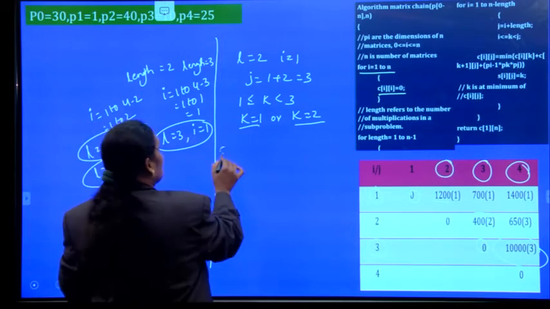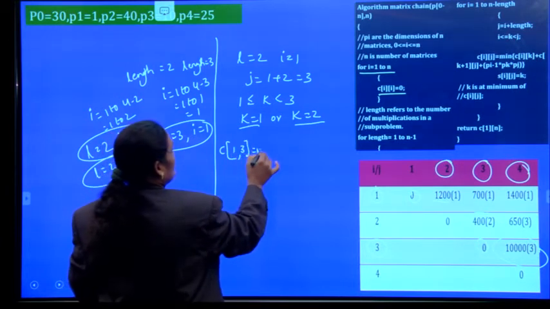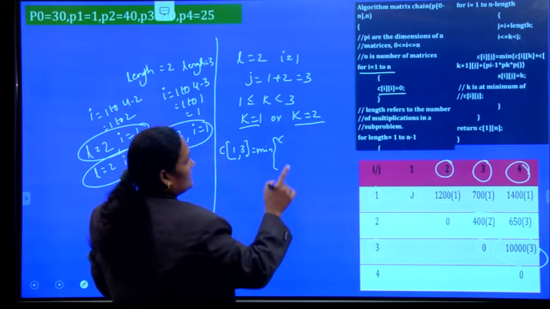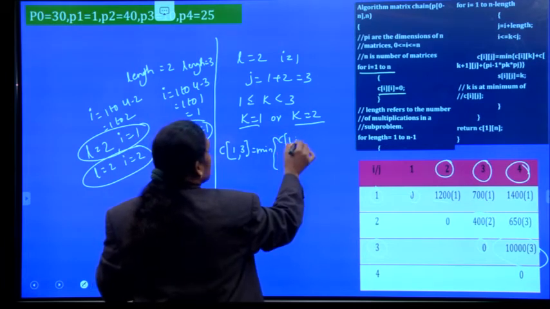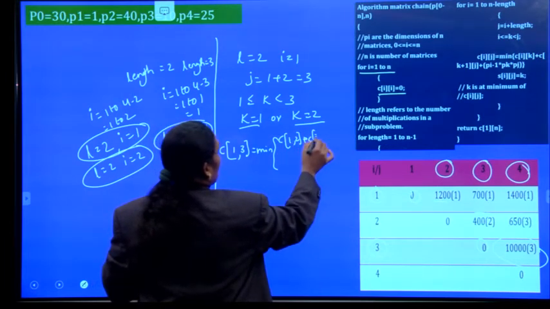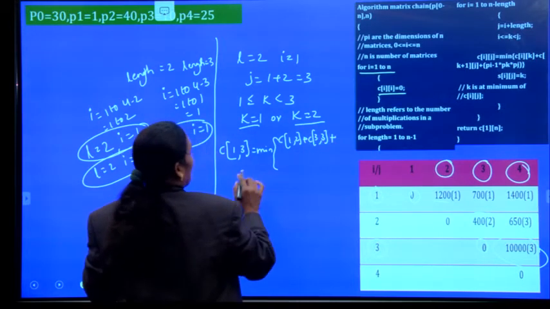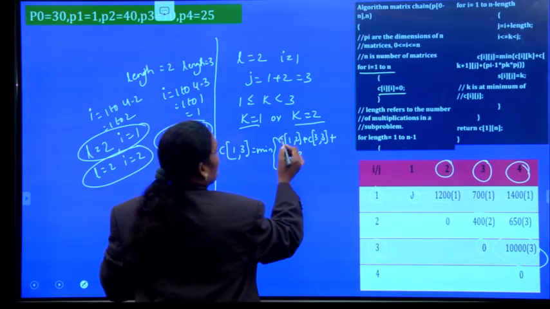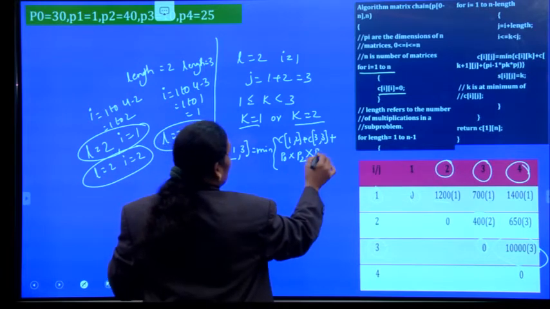Now how to find the cost? Cost of Ij, that is 1, 3 is equal to minimum of, now let us see, cost of Ik, what is I? 1, k is 2 plus cost of k plus 1, j plus pi minus 1, that is p0 into pk, that is p2 into pj, that is p3.